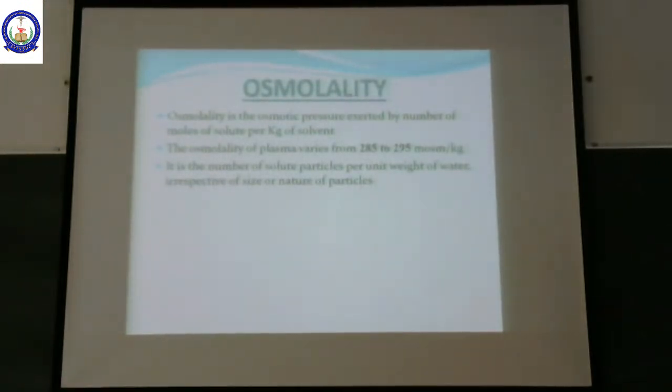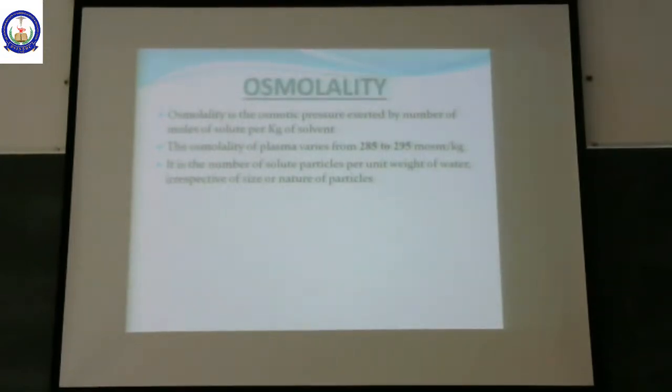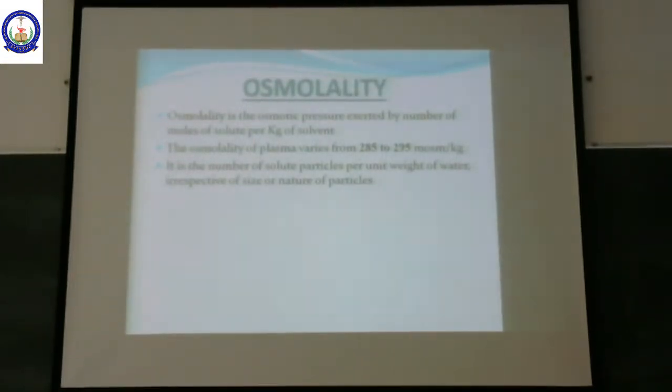It is the number of solute particles per unit weight of water, irrespective of the size or nature of the particles. Say you can have a solute with small grain-like particles like salt, or you can have other substances where the particle size will be more. So it is not dependent on the size or the nature of the particles.